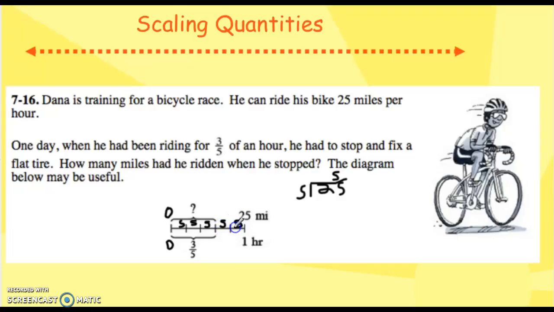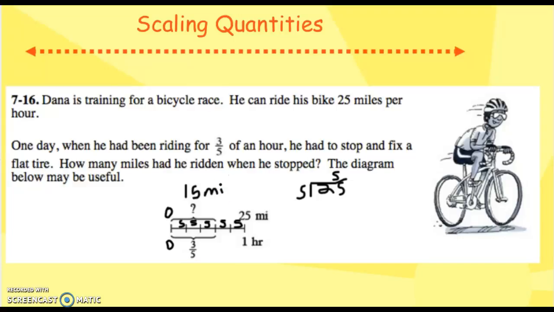And then this makes it easier for me to find how much 3/5 of 25 miles is. So it looks like 1/5 is 5, 10, 15. So this would be 15 miles. And MI is the abbreviation for miles.